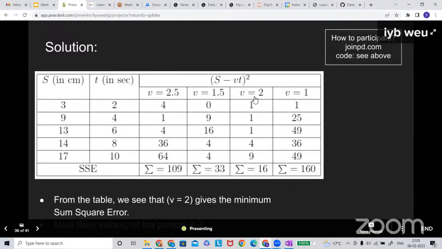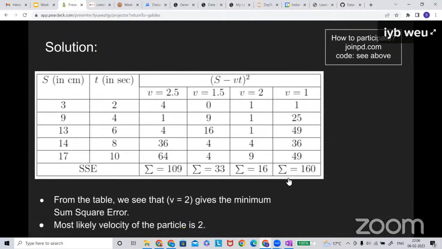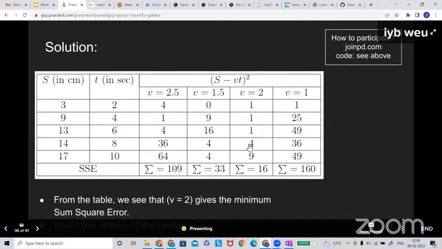For V equal to 2, the sum is 16. For V equal to 1, the sum square error is 160. Now you have four sum square errors separately. The sum square error method says to get the minimum. The minimum sum square error gives the appropriate data, representing the data best. So the minimum value is given by V equal to 2.